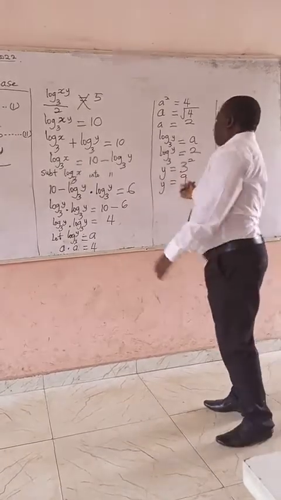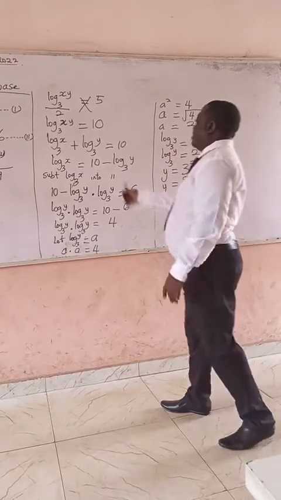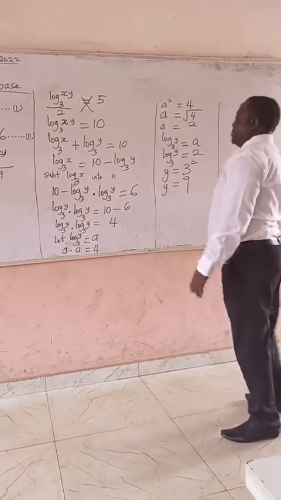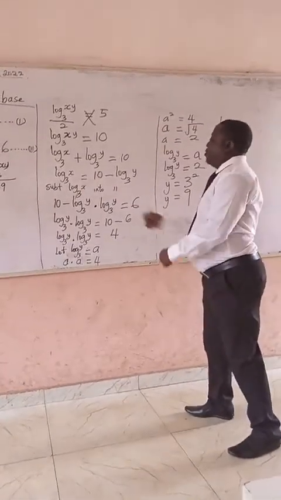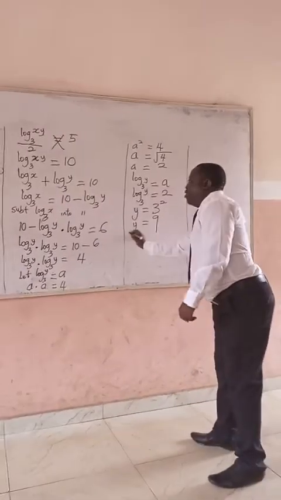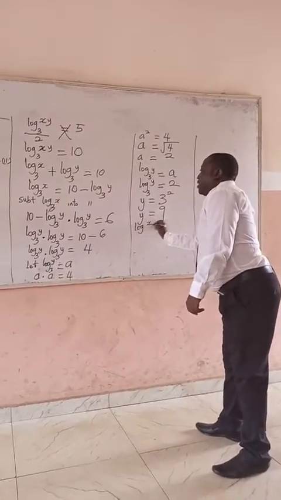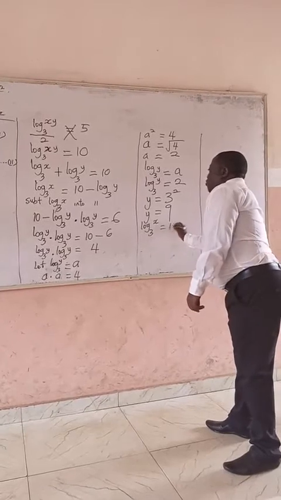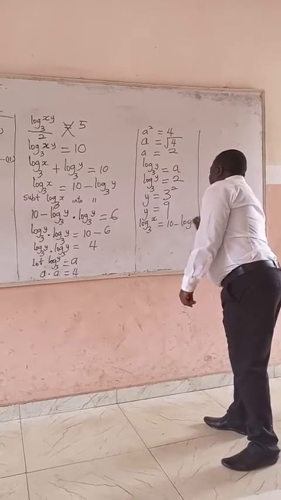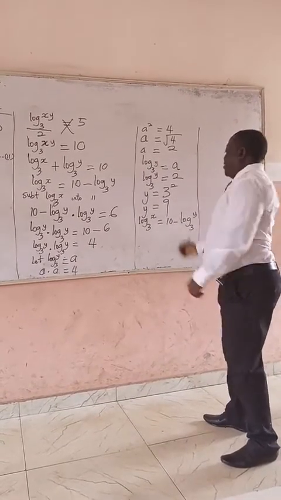Now, if y is equal to 9, then we can easily find the value of x. So we can go back to this equation here. Logarithm of x in base 3 is equal to 10 minus logarithm of y in base 3.